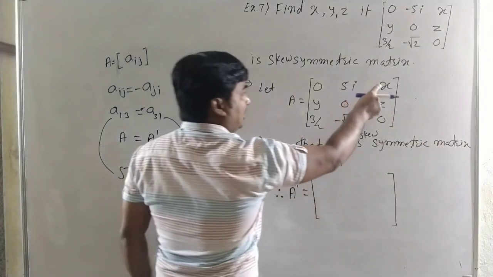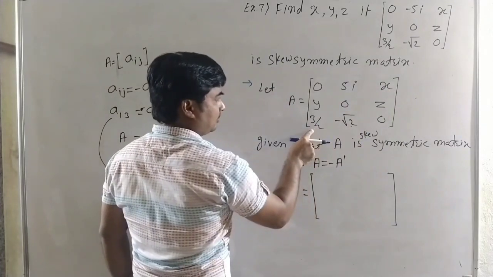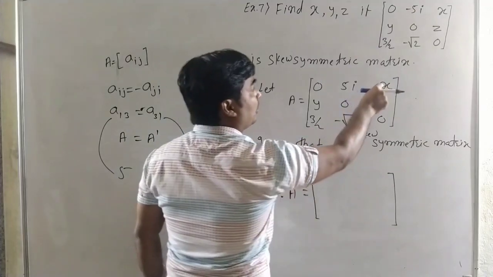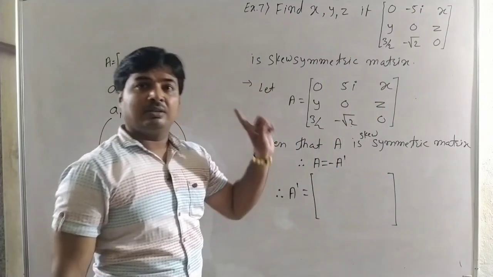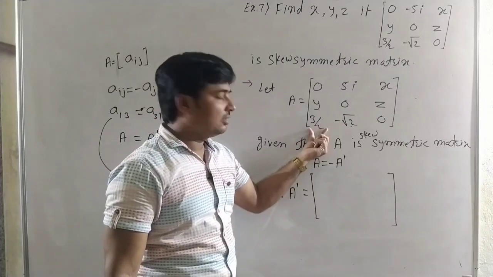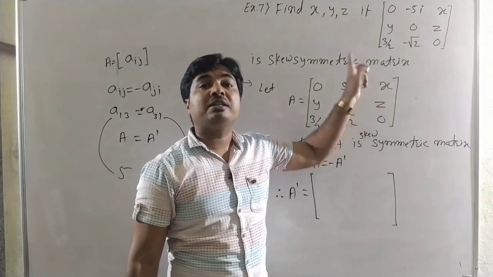So here x is the first row third column, and the third row first column is 3 by 2, therefore x is minus 3 by 2. See carefully the definition.